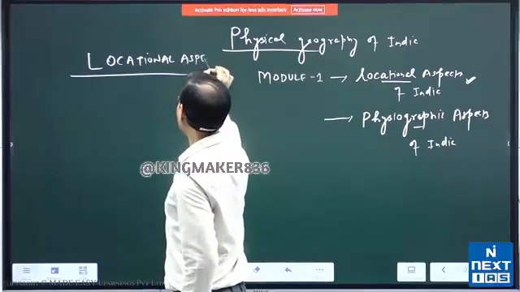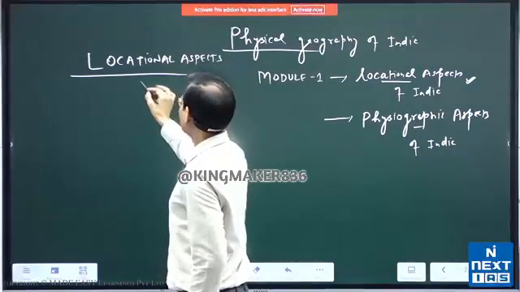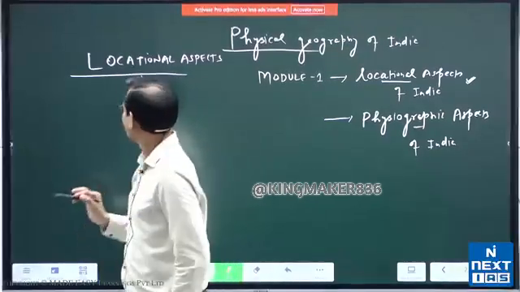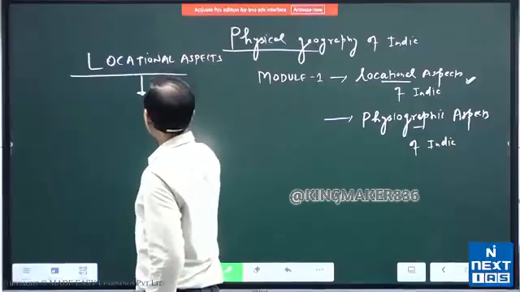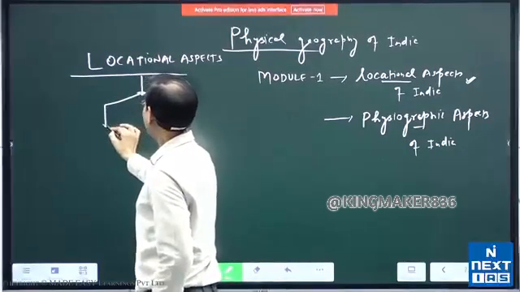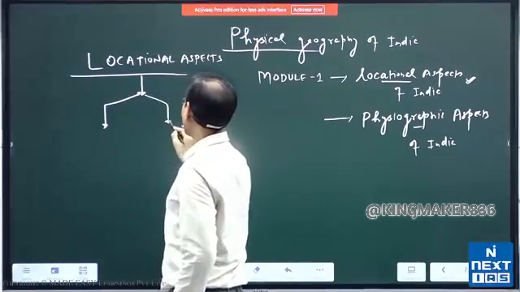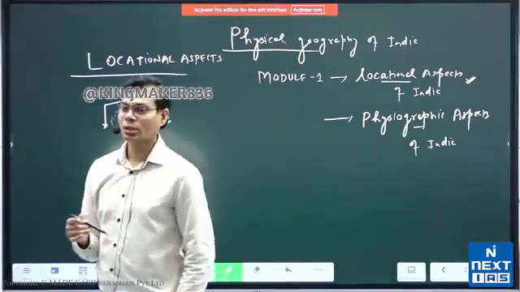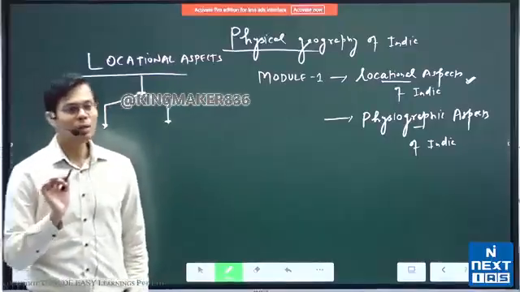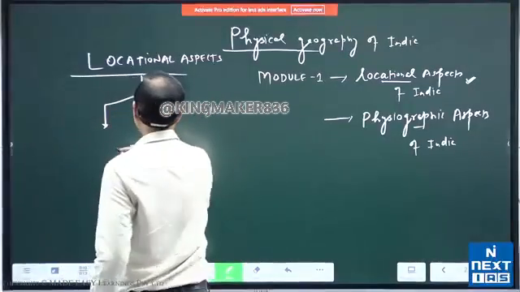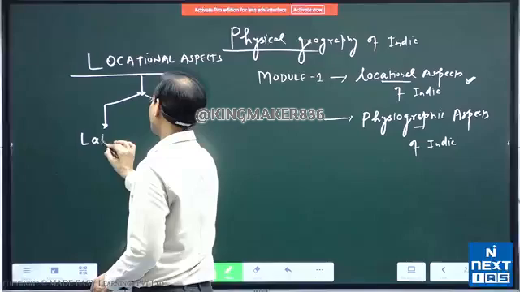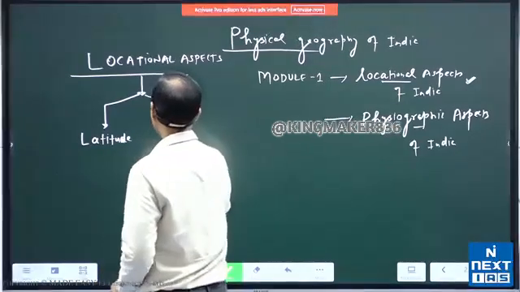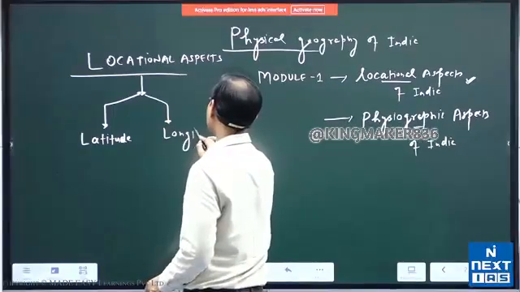Whenever we deal with the locational part of any country, any region, any state, you know very well which two scientific concepts we keep in our mind in locational aspects: latitude and longitude. So latitudinal aspects of India and also longitudinal aspects.